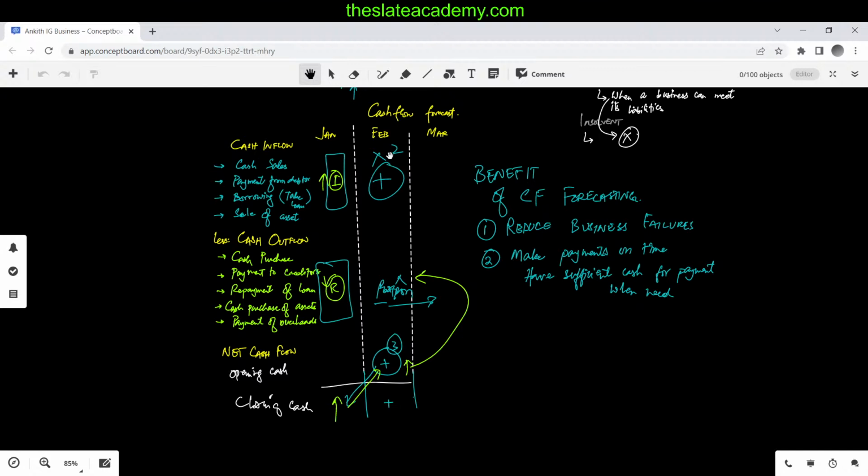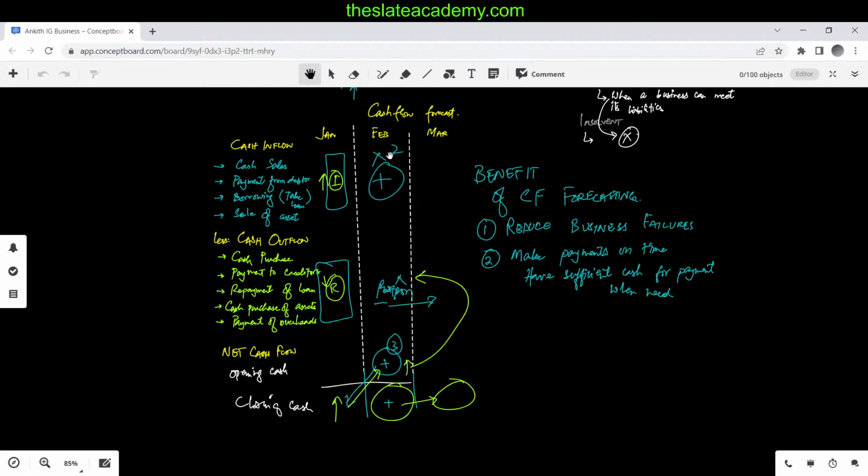Another thing, having too much cash surplus is also bad. For any month, if it looks like you are having too much closing cash and it's increasing, it's also not good for the business. It means that the business is keeping its assets in the form of cash, whereas simply keeping them in cash doesn't earn you much money. The maximum you'll be able to earn would be some savings account return, and even with a savings account, they block the cash for some time.